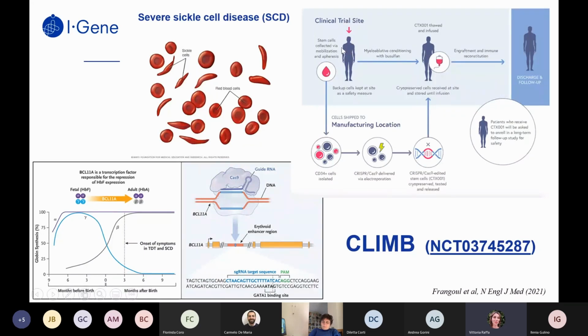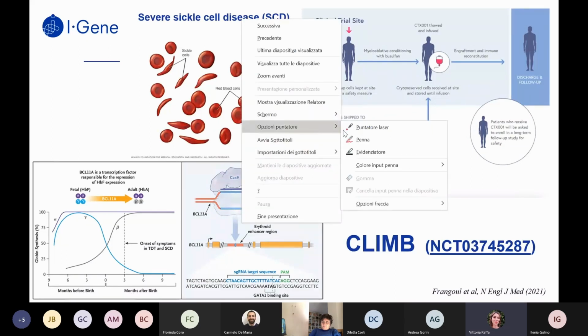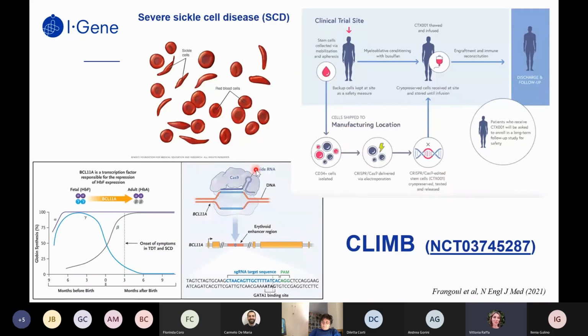We can collect the precursor cells, those cells that after differentiation give red blood cells. So they collect the precursor cells. Then they perform the genome editing in order to switch off the expression of these genes. After doing that, they reimplant the cells.